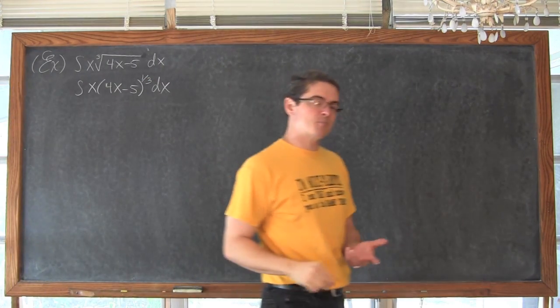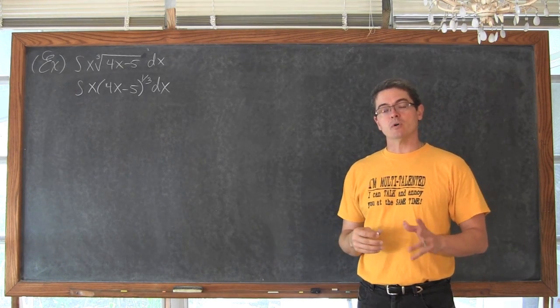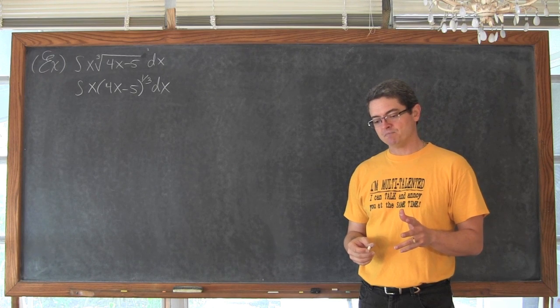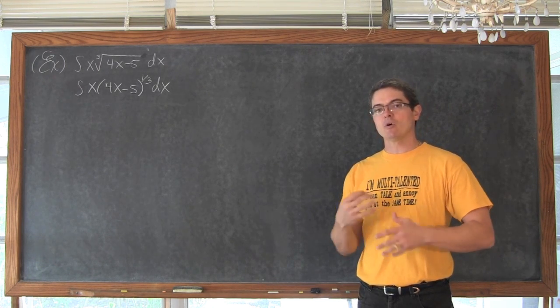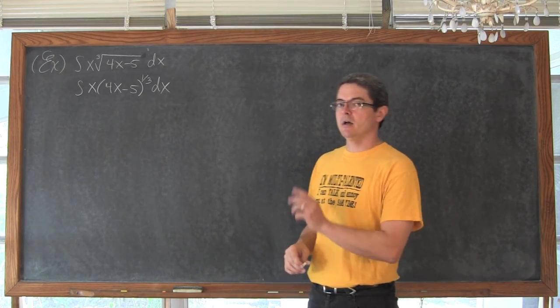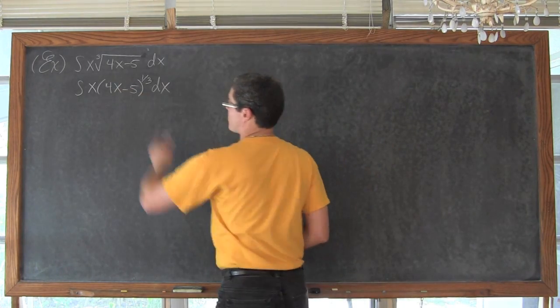Now, this kind of looks like the previous examples, except my exponent is a fraction instead of a whole number. But we're going to need to look at this u substitution a little more carefully, because there's a bit more going on, and it's not going to be as straightforward as the last example. Okay, so the inside function is 4x minus 5.